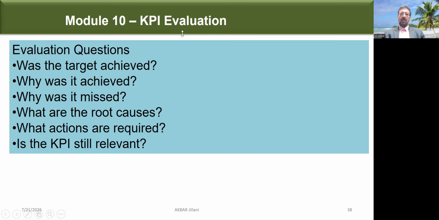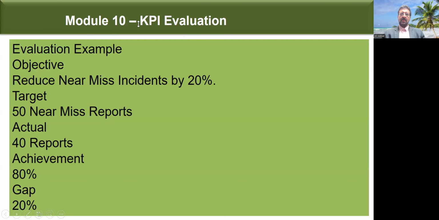Module 10, KPI evaluation example. Objective: reduce near miss incidents by 20%. The target is 50 near miss reports. Actual is 40 reports.